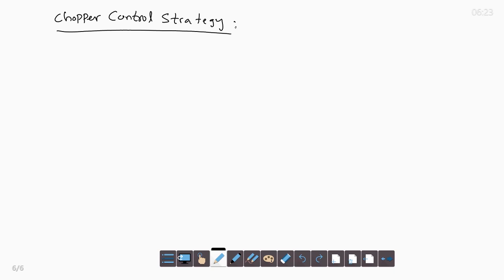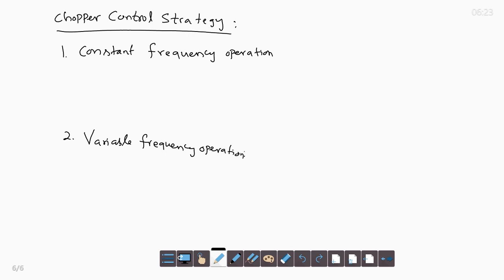There are 2 types of control strategies. One is constant frequency operation. Frequency here means chopping frequency, frequency of the chopper. Another one is variable frequency operation. In a constant frequency system, F and T are both constant.